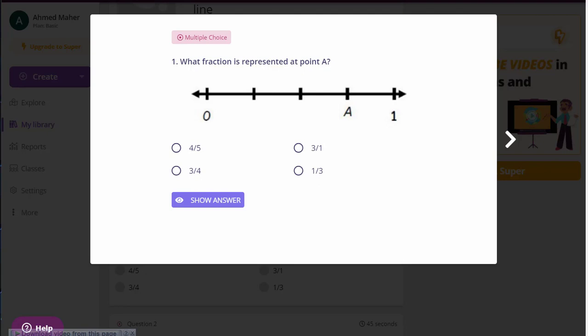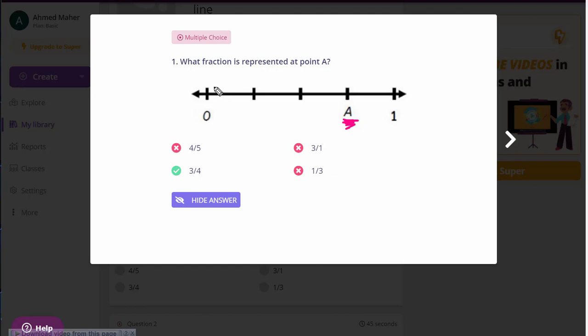One third. This point is 1/3. No, no. 3/4. Okay, 3/4. And why is it 3/4?